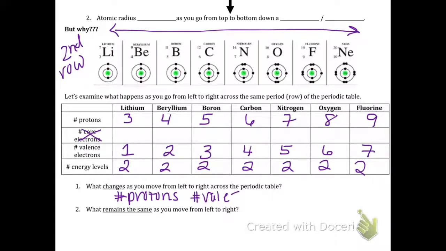But the number of protons is what's going to be really important. What remains the same? The number of energy levels. Because the number of energy levels stays the same, it doesn't become important when we're going left to right. The most important factor between the 3 of these is the number of protons.